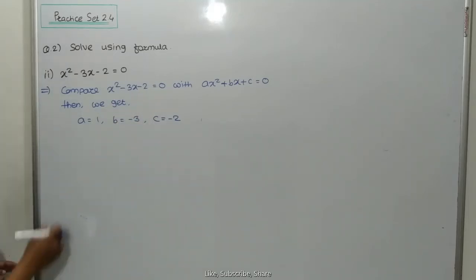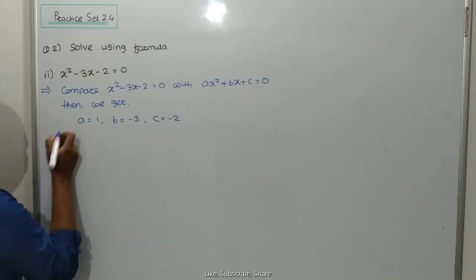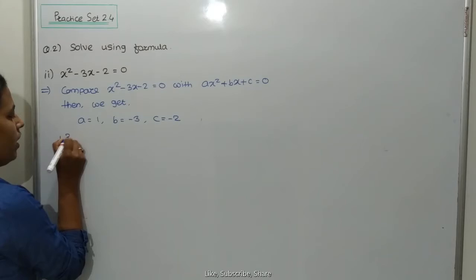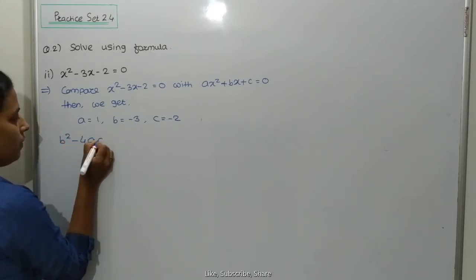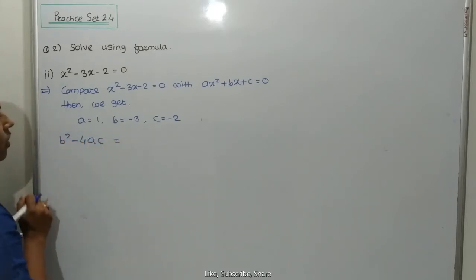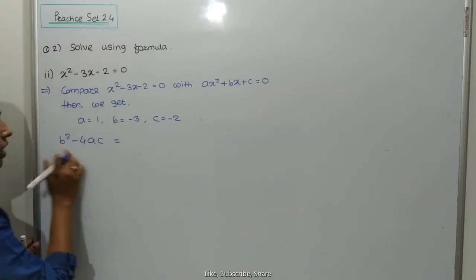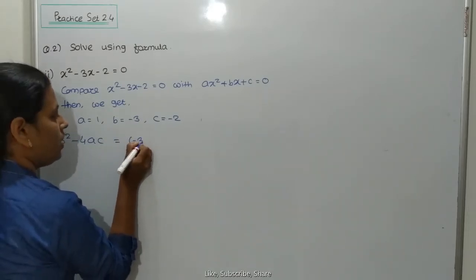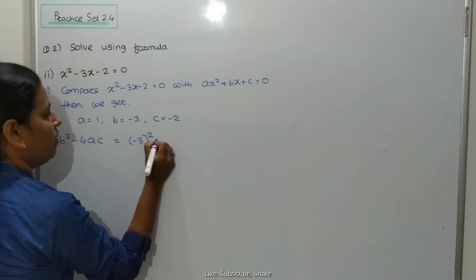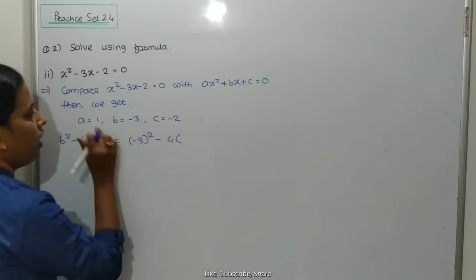Okay. Now when we solve this quadratic equation with the formula, we have to find out first of all b square minus 4ac. So how to calculate this one? Let's put the value of each and every variable. B value is minus 3. So minus 3 square minus 4, what is the value of a? 1.